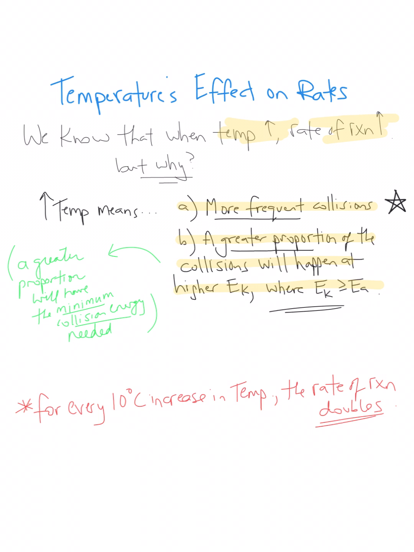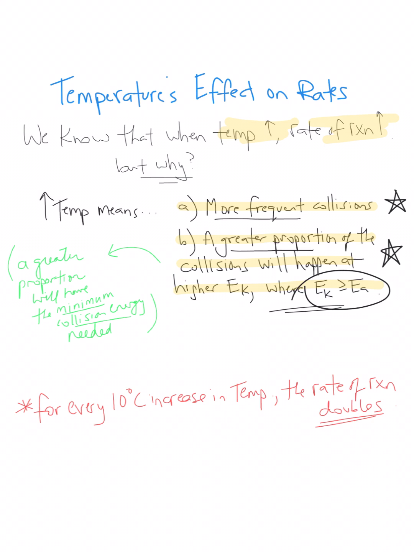The second factor is that of those collisions happening, a greater proportion of the collisions will happen at a higher kinetic energy. So a greater proportion of them will have the minimum kinetic energy required to react. In other words, a greater proportion of them will have a kinetic energy greater than or equal to the activation energy.